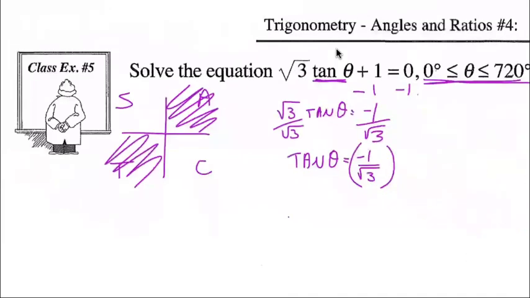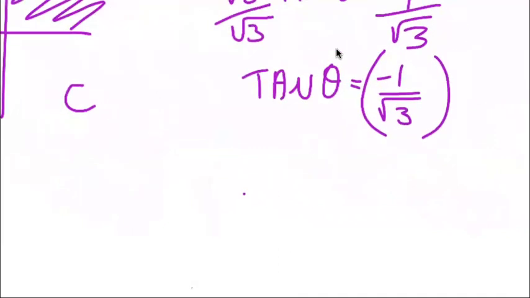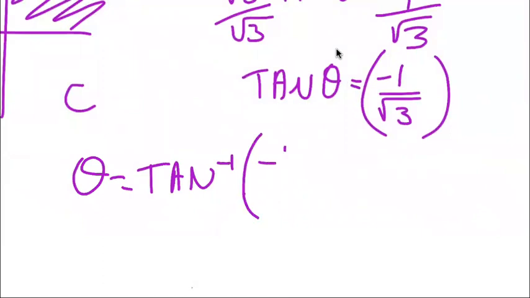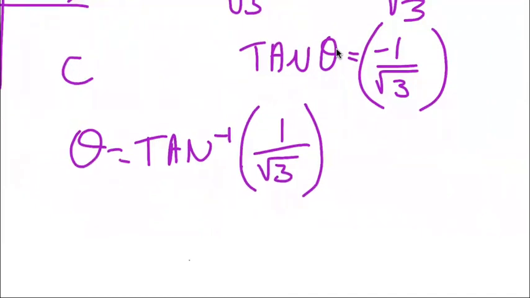Okay. What's the value of our reference angle? Tangent inverse of the absolute value of negative 1 over square root 3, which is positive 1 over square root 3. Putting that into your calculator, just to double check, second function tangent bracket 1 divided by square root 3 in bracket is 30 degrees. 30 degrees is my reference angle.